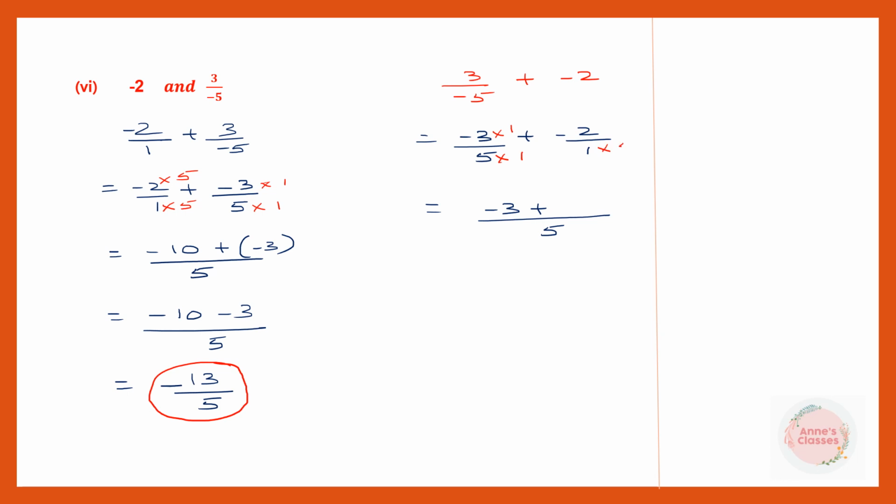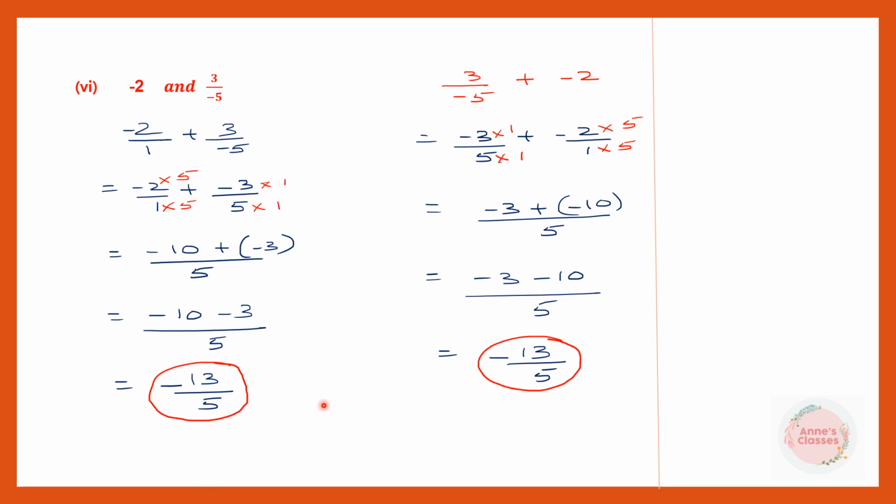Denominator is 1. 1 into 5. So minus 2 into 5. So here it becomes minus 10. Let's remove the brackets. Minus 3 minus 10 by 5. Signs are the same here, isn't it? We have minus 3 and minus 10. So let's put the same sign and add. 3 plus 10 is 13 and the denominator is 5. So what is our answer? Minus 13 by 5.